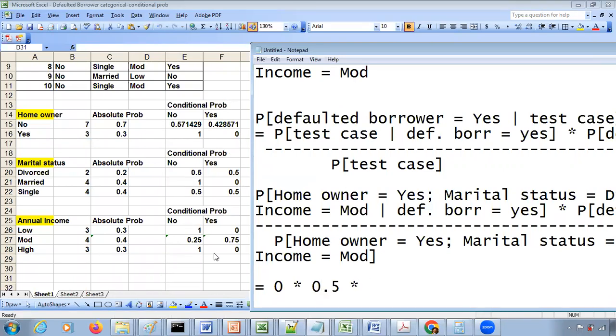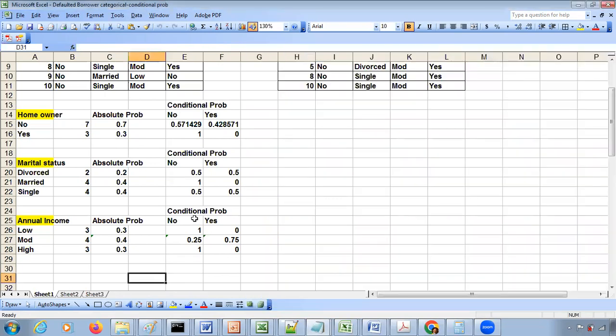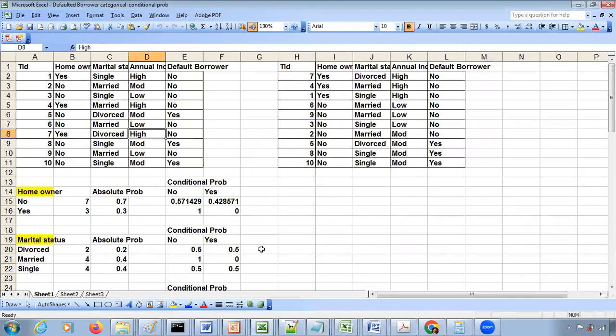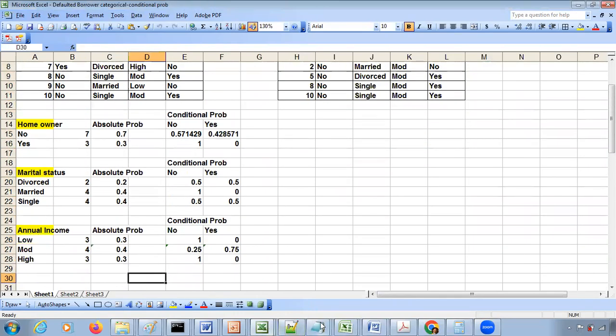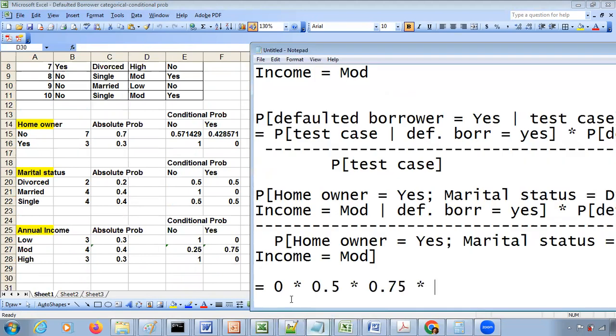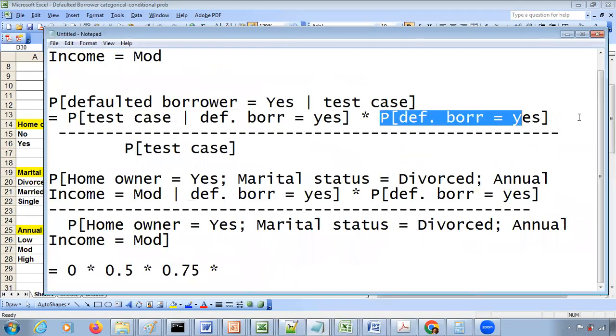And income is moderate, defaulted borrower is yes, that's going to be 0.75, times the unconditional probability. Overall, you have 3 defaulted borrowers, so the probability of defaulted borrower is yes is going to be 3 over 10.